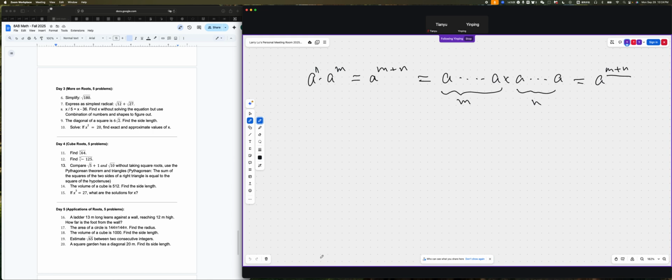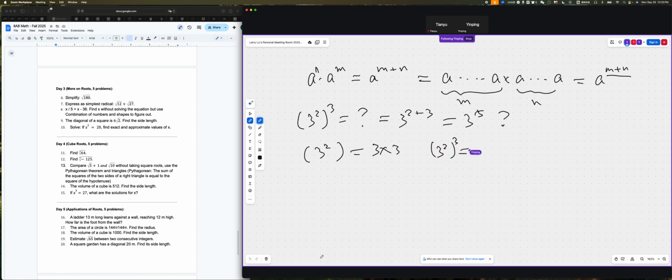Then have another example. 3 power 2, all power 3, equal to what? Is it 3 power 2 plus 3, which is 3 power 5? Let's test. 3 power 2 equal to 3 times 3, and then 3 power 2 power 3 equal to 3 times 3 cubed.